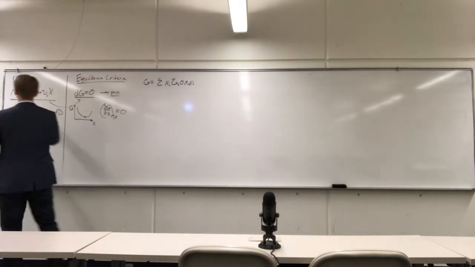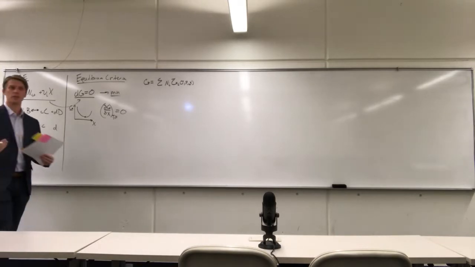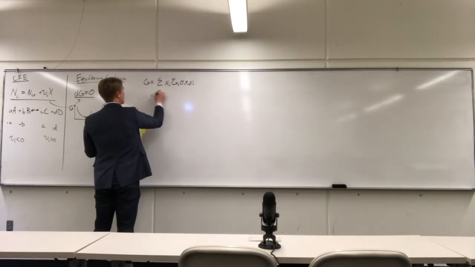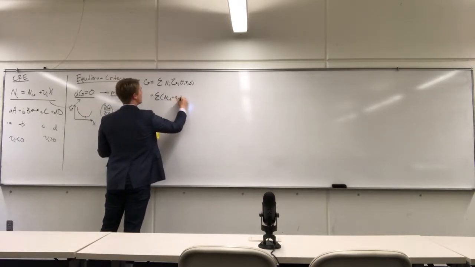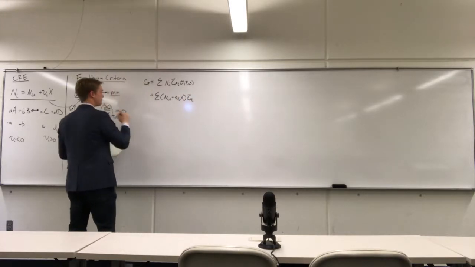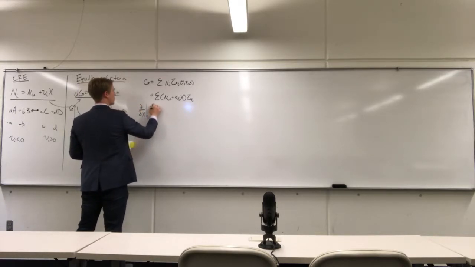So we substitute in here our expression for the number of moles of species i as a function of the extent of reaction. We will want to take the partial derivative of this expression here.